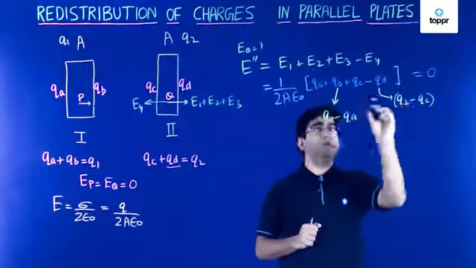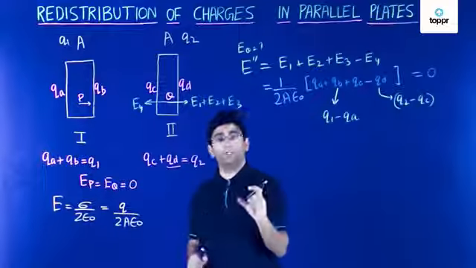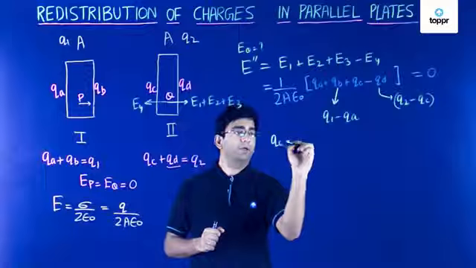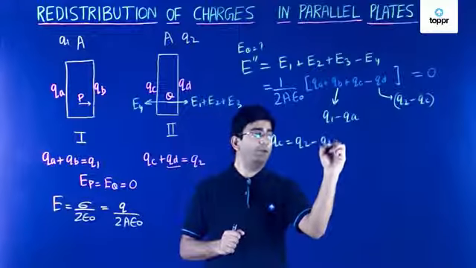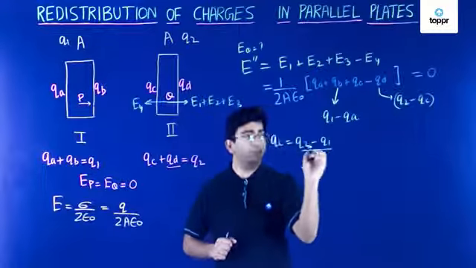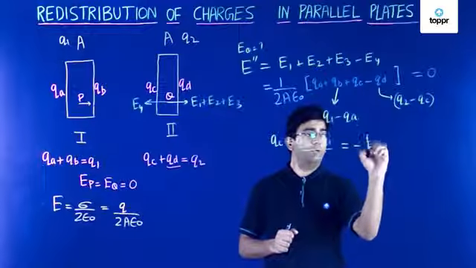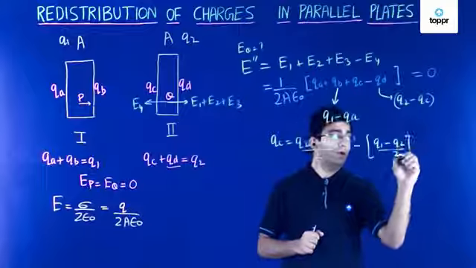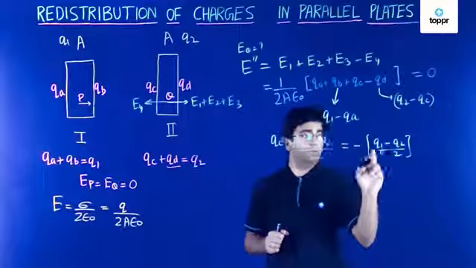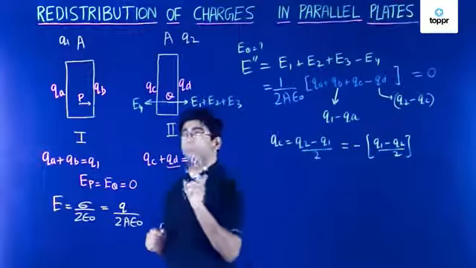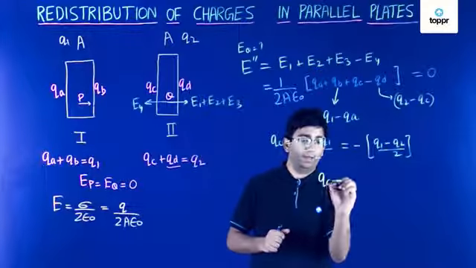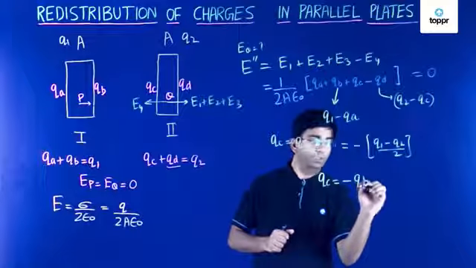Now on simplification of this entire expression, we will eventually get the value of QC as Q2 minus Q1 divided by 2. So this can be written as negative of Q1 minus Q2 divided by 2. Earlier we had already derived that Q1 minus Q2 divided by 2 is basically QB. So QC can be written as negative of QB.